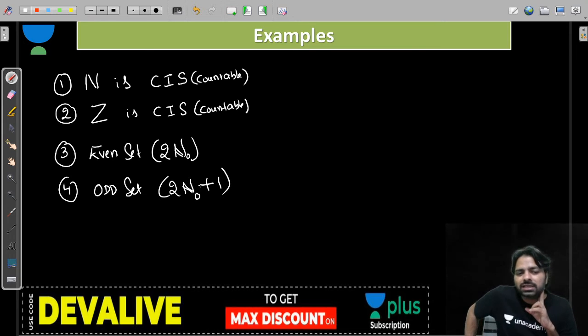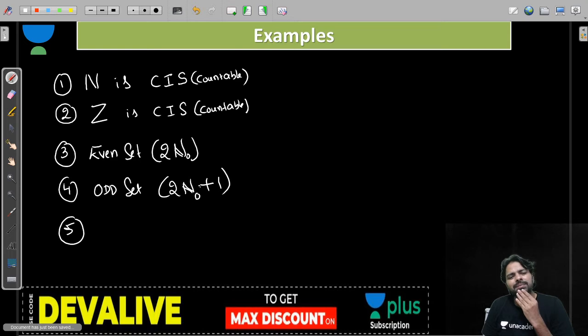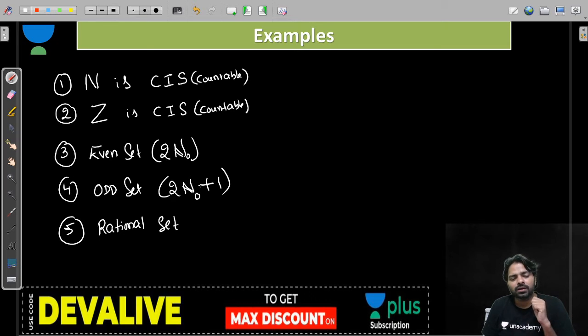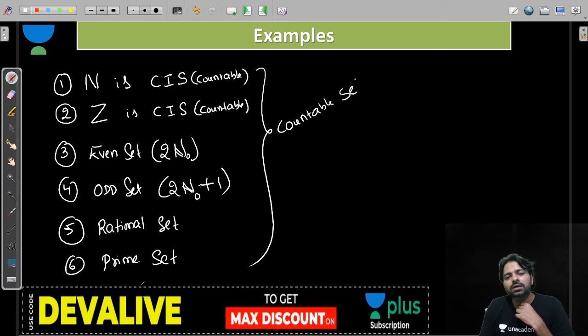If you don't have a 0, then you must start with 2n minus 1. Similarly, you have the set of rational numbers like p by q form, and prime set, and everywhere mapping might be difficult, but these all are countable sets. Then who is uncountable? That we are going to break slowly.